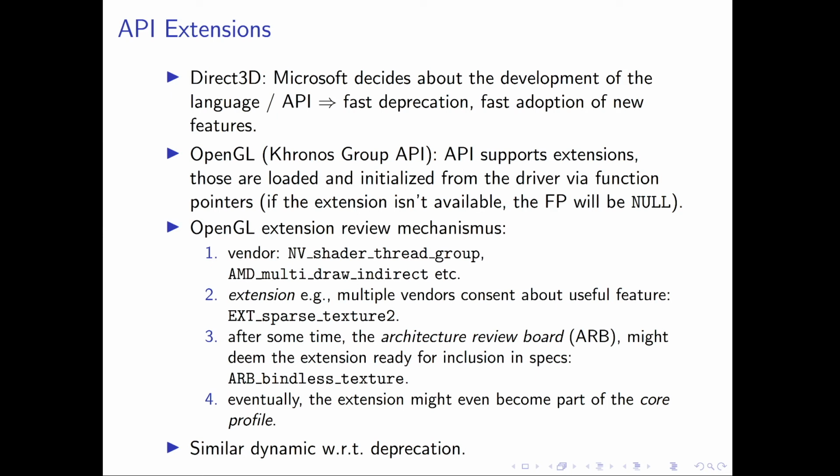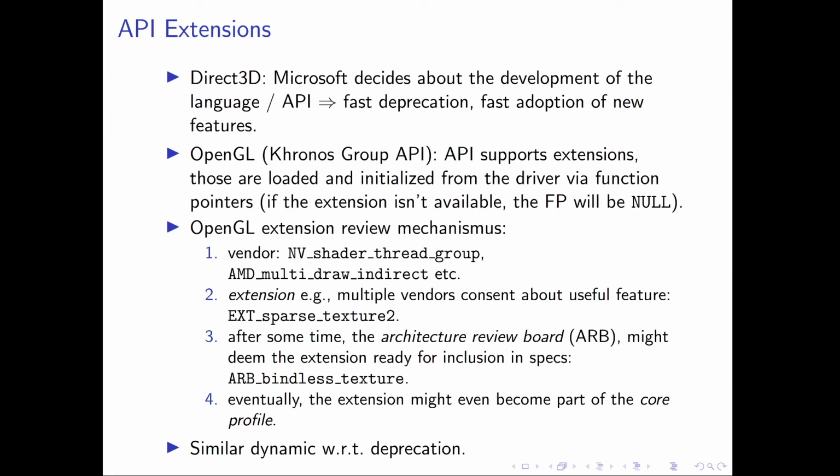And the deprecation mechanism is actually quite similar. On the other hand, this is of course also a very flexible mechanism. When a specific vendor decides to include an extension, this is relatively easy. The extension is just there, and the application developer would load the functionality that is associated with the extension using a function pointer.